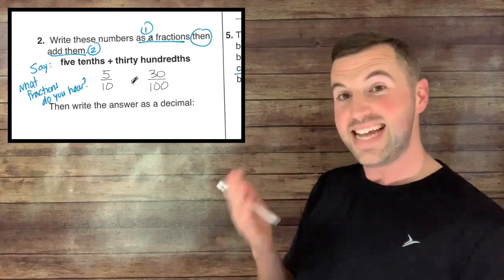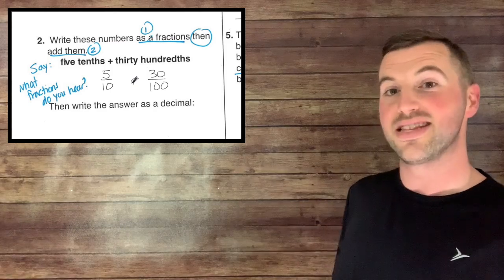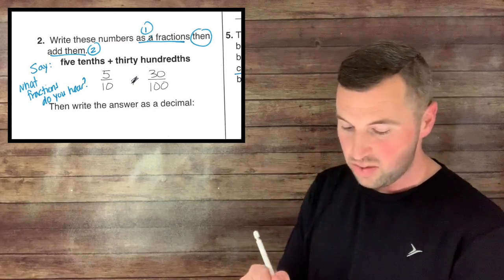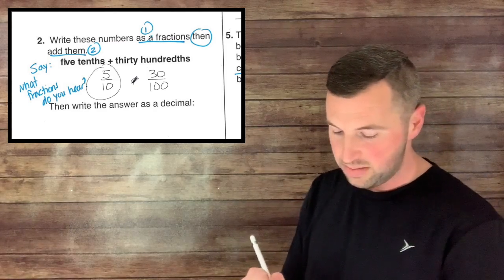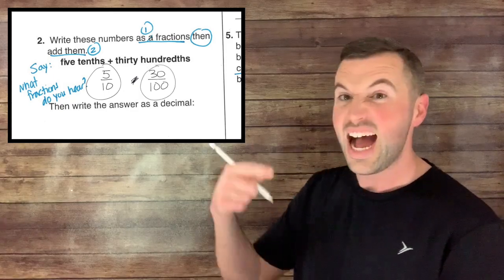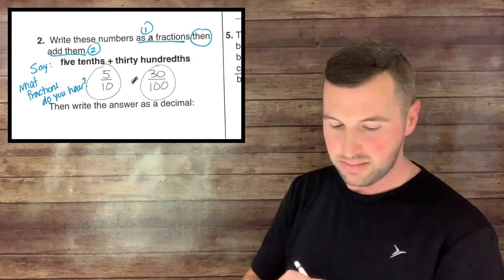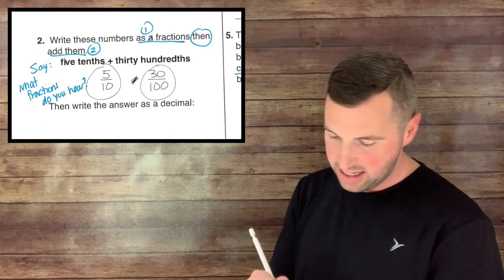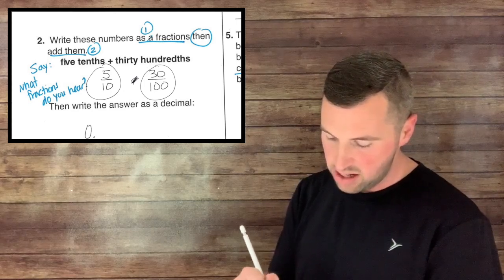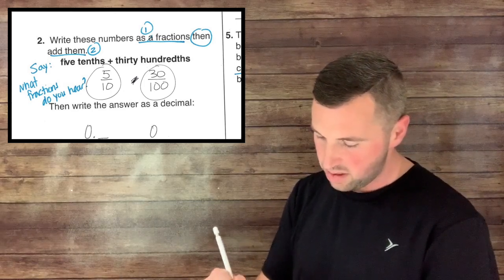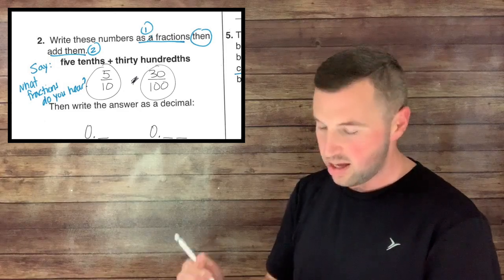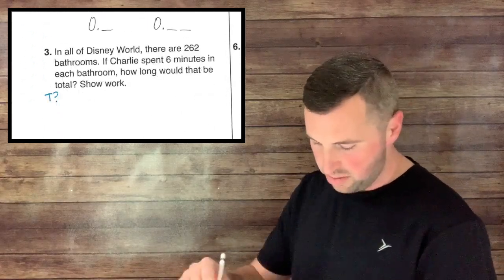We've got tenths, hundredths. Okay, so we need to write 5/10 as a decimal and write 30/100 as a decimal. Okay, just make sure you're paying attention to, these are not whole numbers, so where is the tenths? And then hundredths.